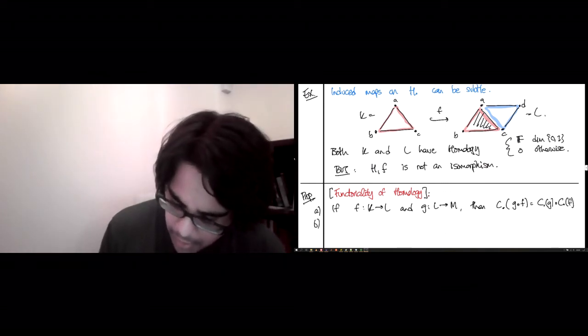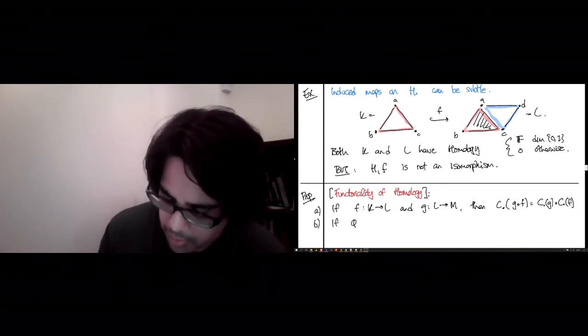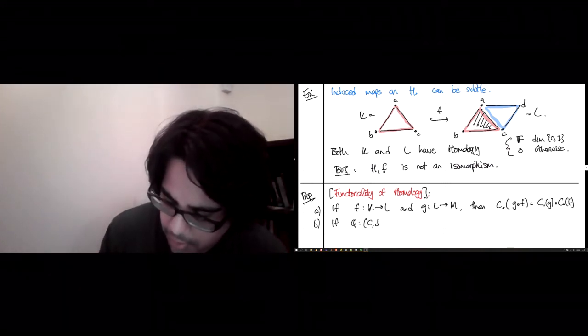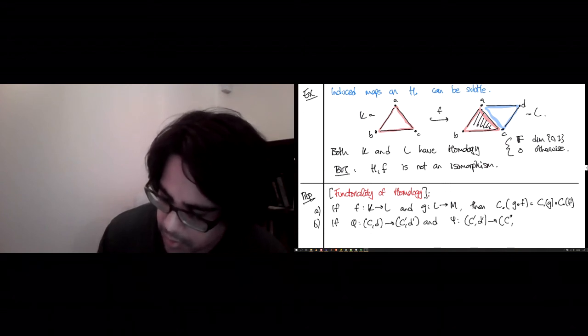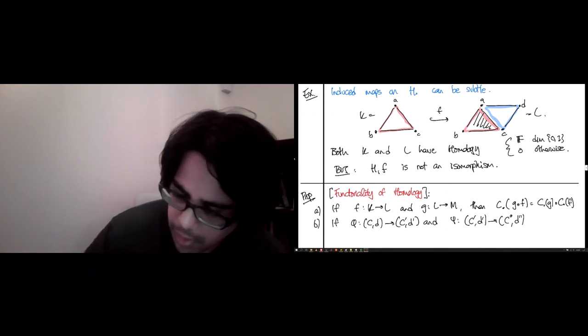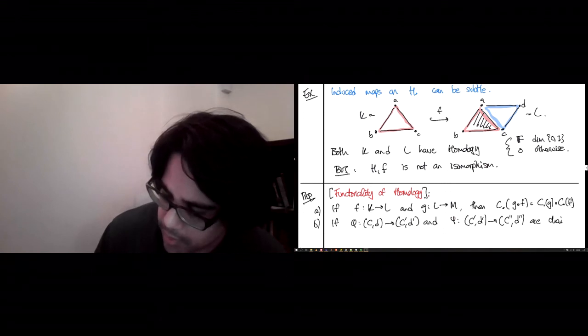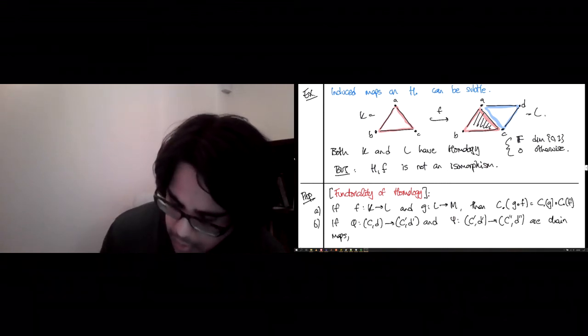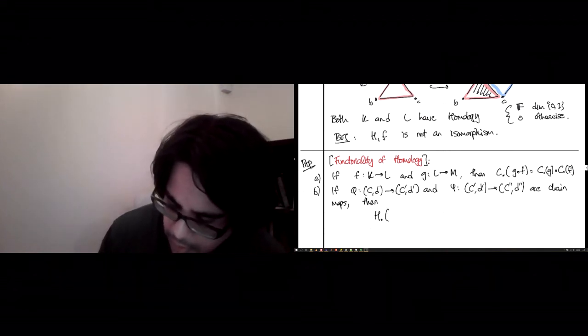And part B is the same story, but for chain maps and induced maps on homology, which is if phi and psi are chain maps, then the induced maps on homology satisfy exactly the same type of relation.